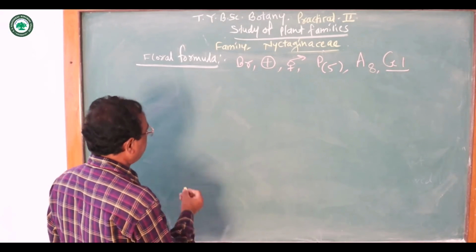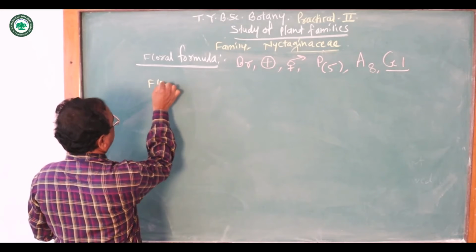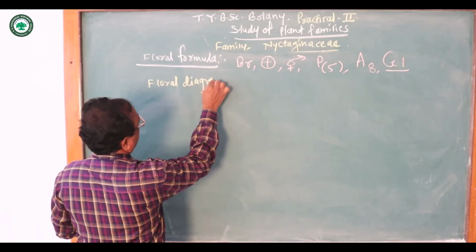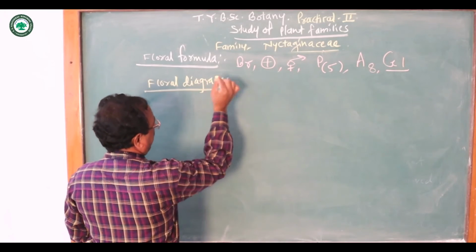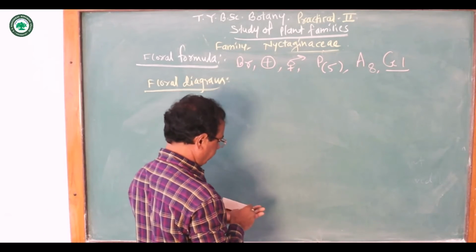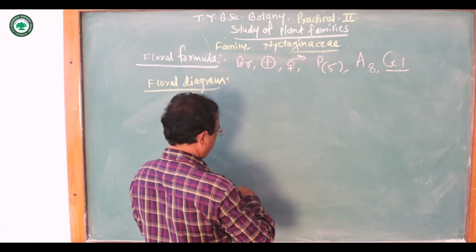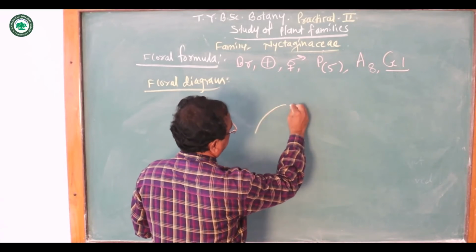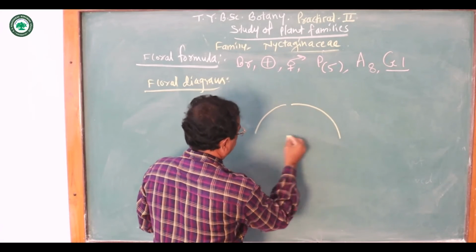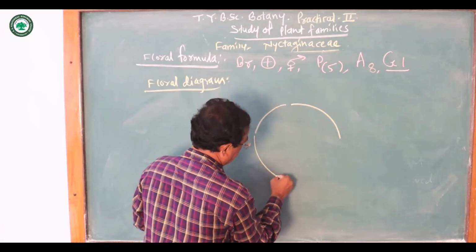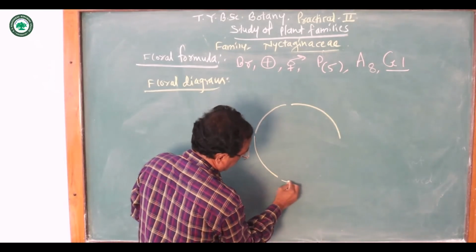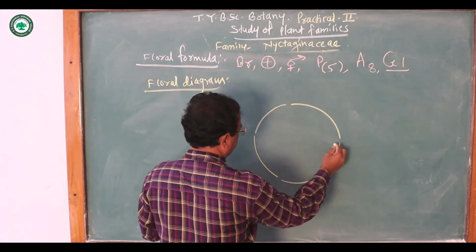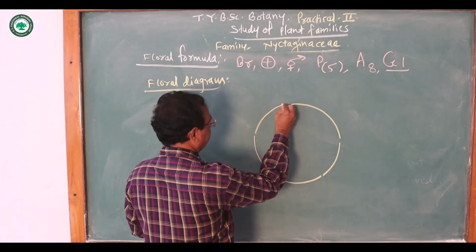Now let us see the floral diagram of the family. Here there are 5 tepals, and these tepals are united.